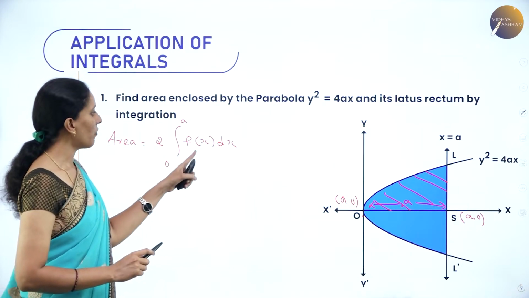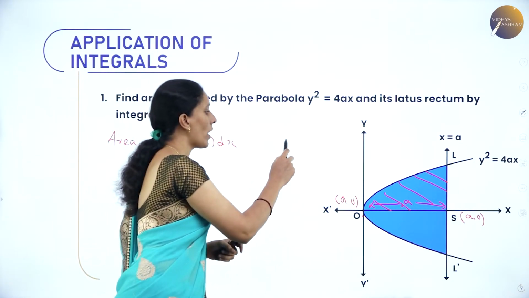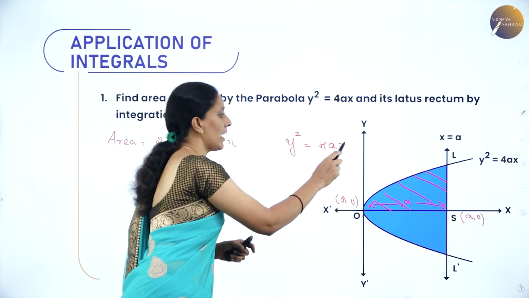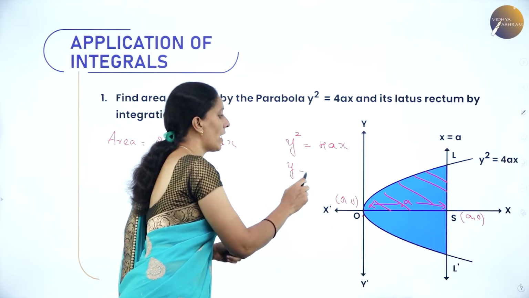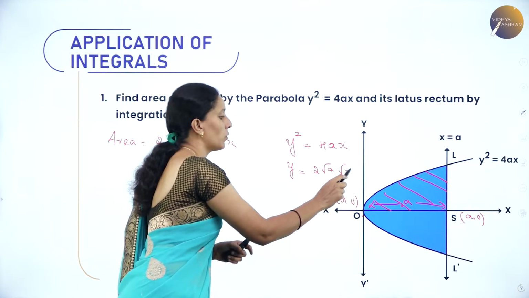So what is f of x? f of x is y here. We have y square is equal to 4ax. So what happens to y? y becomes 2 root a into root x.